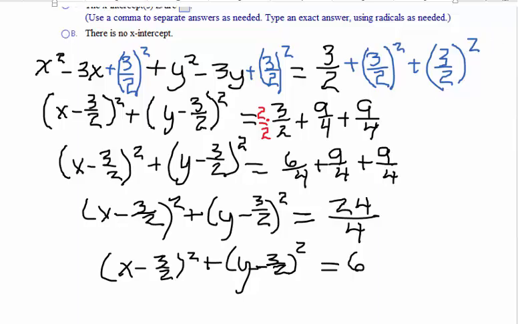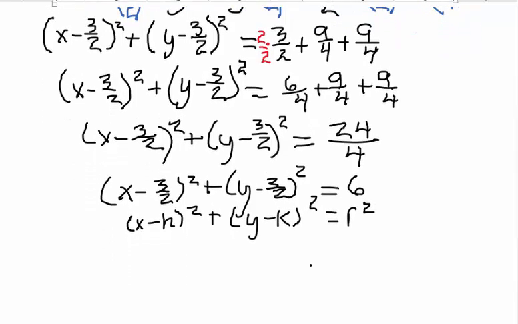Okay, so remember that standard form says this is the square of x minus h plus the square of y minus k equal to r squared. Remember, r has to be positive. So my h then is 3/2, and my k is also 3/2.